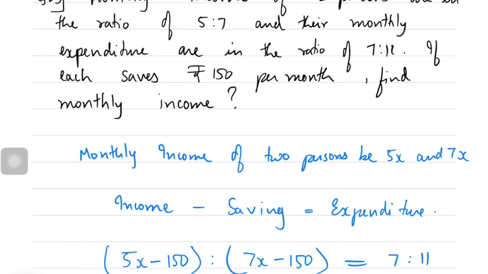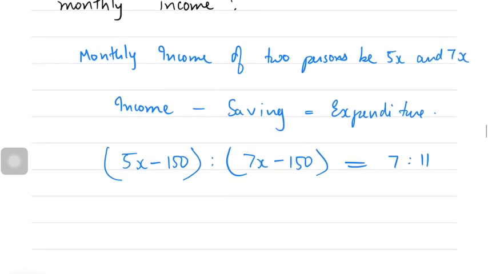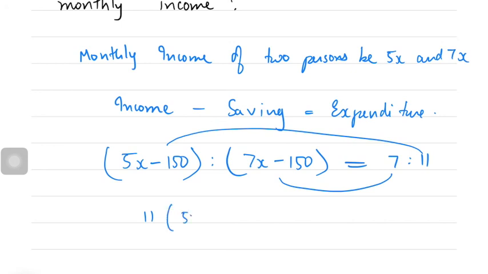Right? Okay. Now you have the ratio. Now you have to find the value of x. So 11 into 5x minus 150 is equal to 7 into 7x minus 150.